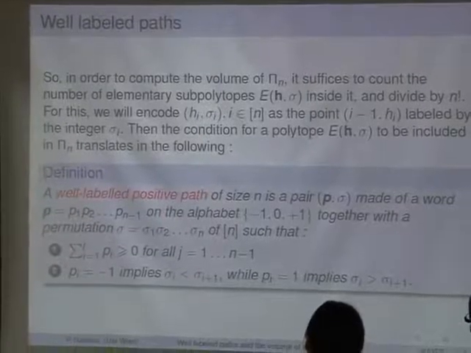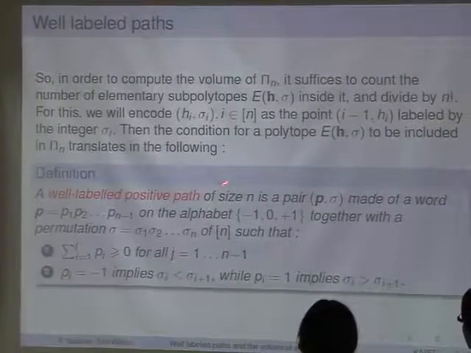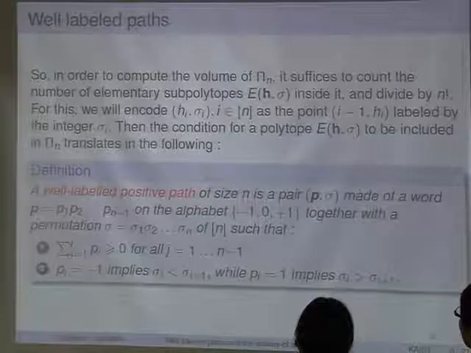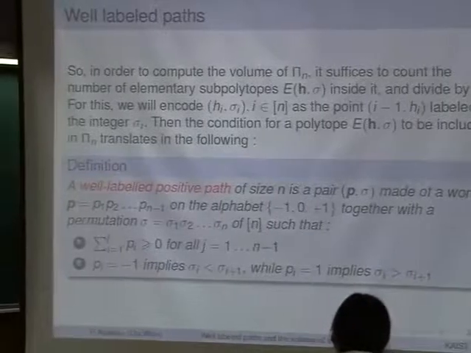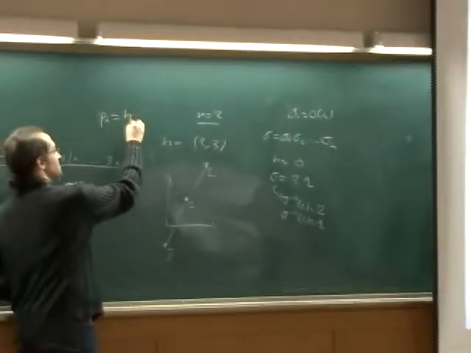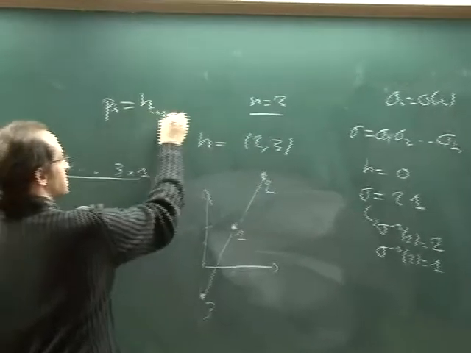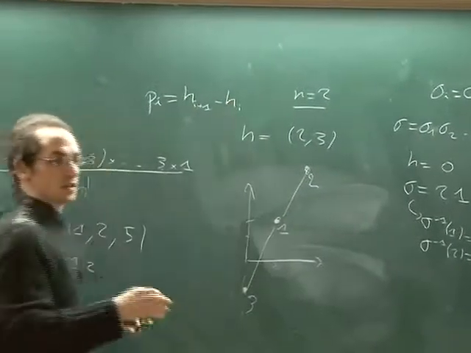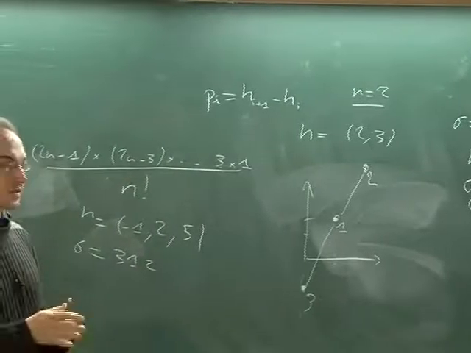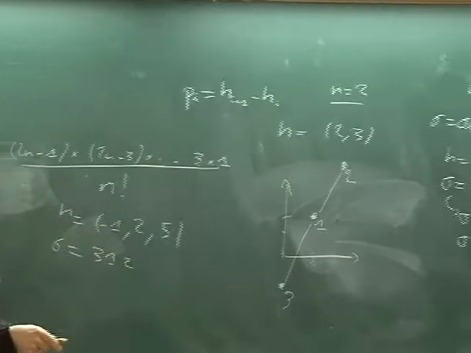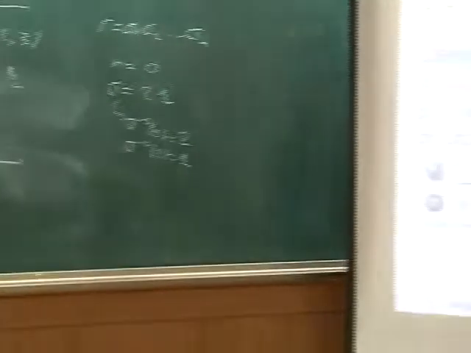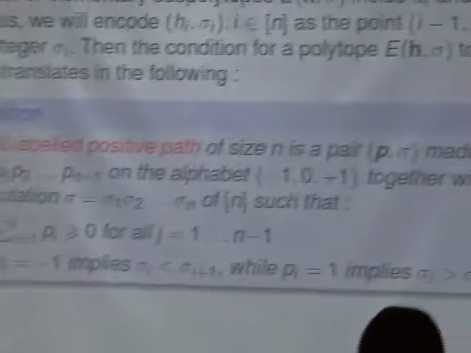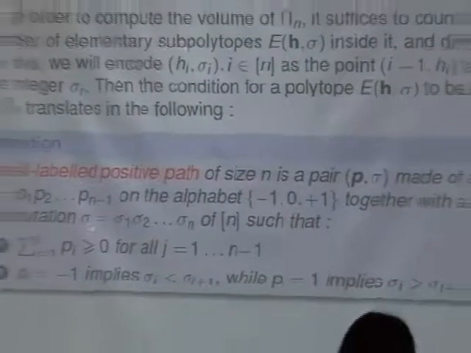So positive paths just mean that the different heights are positive. So here the Pi that you see actually are the, it's a bit messy, I'm sorry. Pi in fact must be something like Hi plus 1 minus Hi, the differences in heights. Okay, so if you have a path like this, when I say alphabet minus 1, 0, 1, it means that Pi can take the value minus 1, 0 or 1.